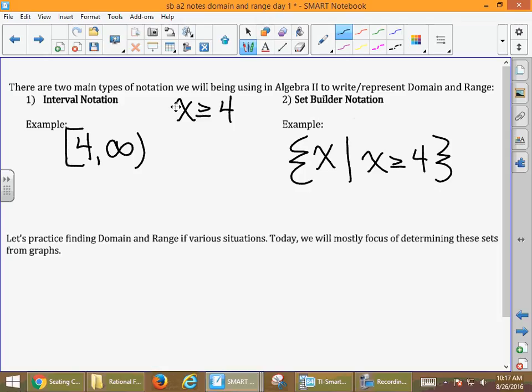We put x bar in there. And what that means is for all values of x such that x is greater than or equal to 4. So we're going to be working with both of those today, practicing domain and range in various situations, and mainly today we're going to deal with graphs.